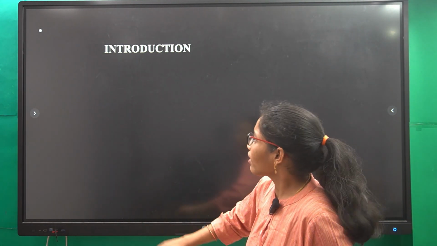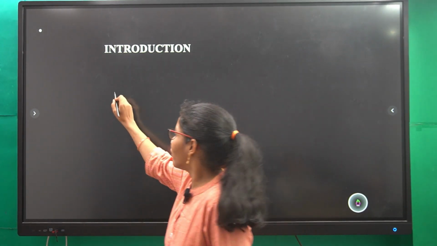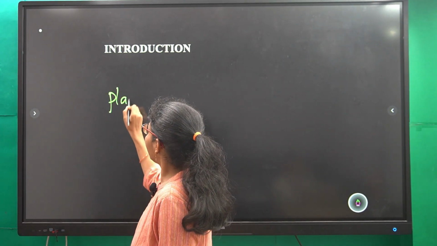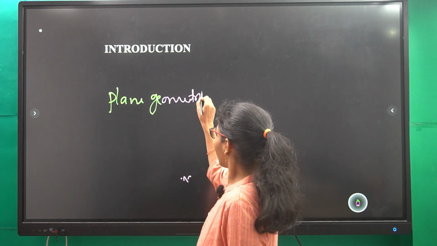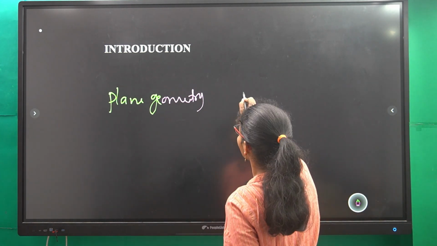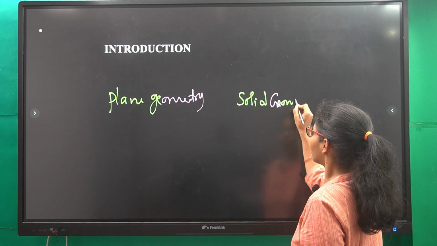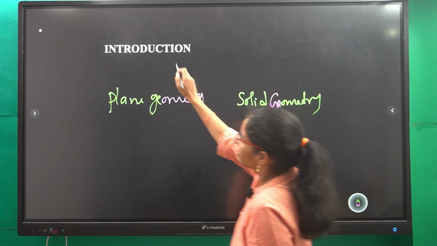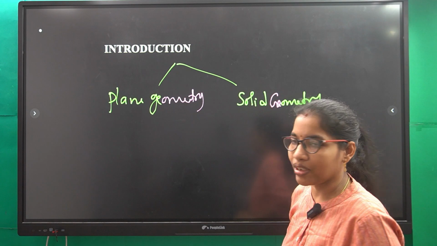Okay, in geometry actually we have two types of geometry. The one is plane geometry and the second one is solid geometry. Okay, generally geometry are two types, plane geometry and solid geometry.